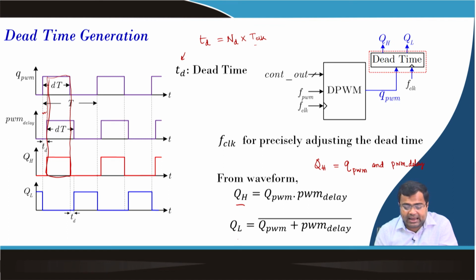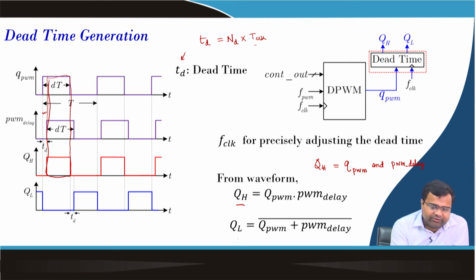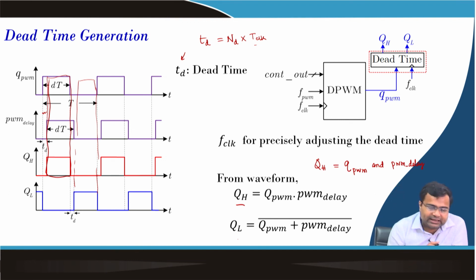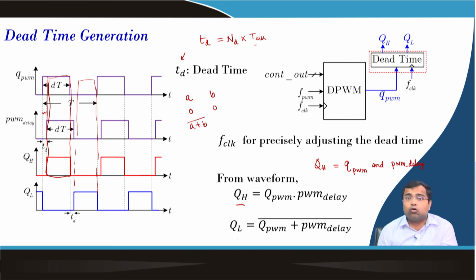What about QL? If you take this period and this period, both the switches should be off. That means when both are off, then only it will be high. If we have A and B, and both are off, then only it will be high. Then what will this be? It is OR, A plus B, and the NOT of that. So, it is basically NOR. So QL is the NOR.